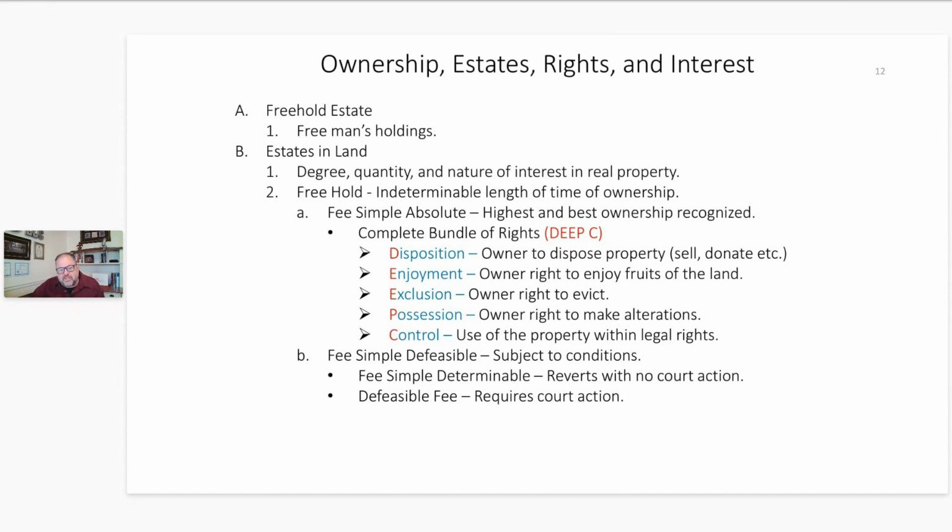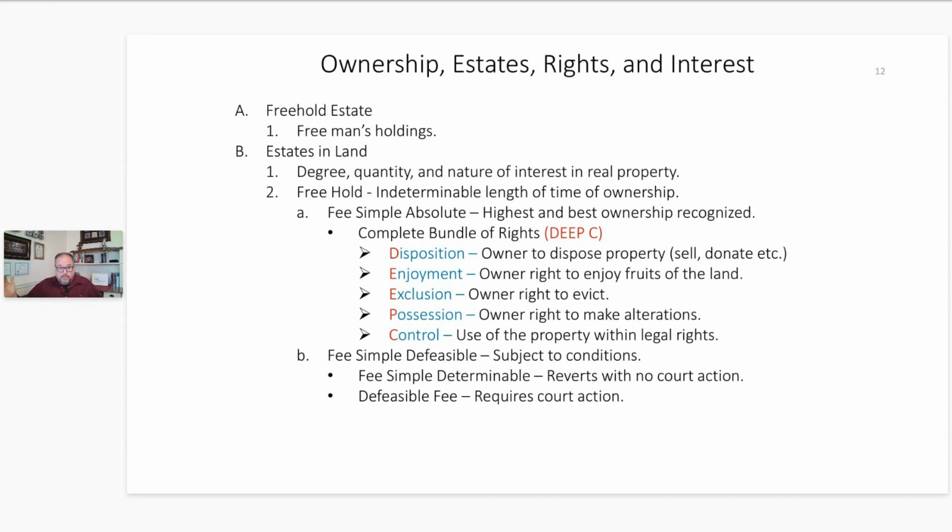And let's say I sell you that property, fee simple defeasible, and I put conditions on it that all you can do is serve the public as, watch this, an urgent care center. Okay. I've sold that. That's what's in the deed. There are conditions subject to the purchase, which means you've got ownership rights.